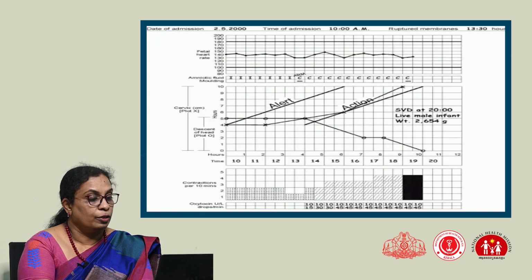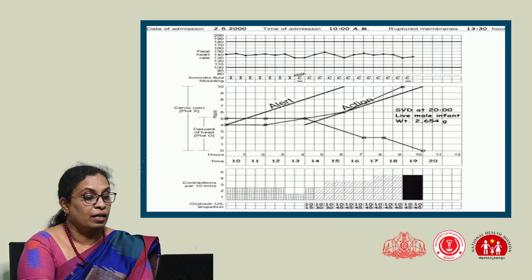Then after 2 more hours, 5 centimeters dilatation, but the head is still 5/5 palpable, no descent of the head. At that time, artificial rupture of membrane, ARM, was done at the end of 4 hours, clear liquor, fetal heart rate is 130, and the contractions 20 to 40 seconds.